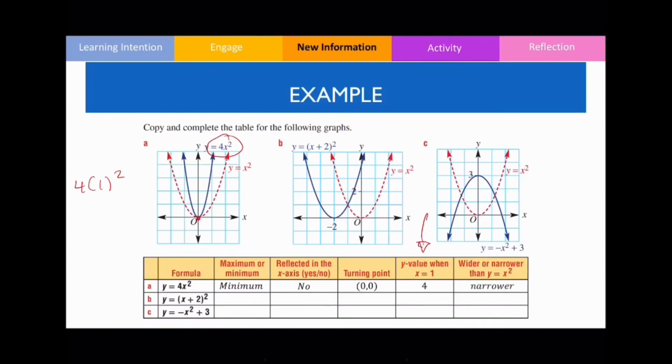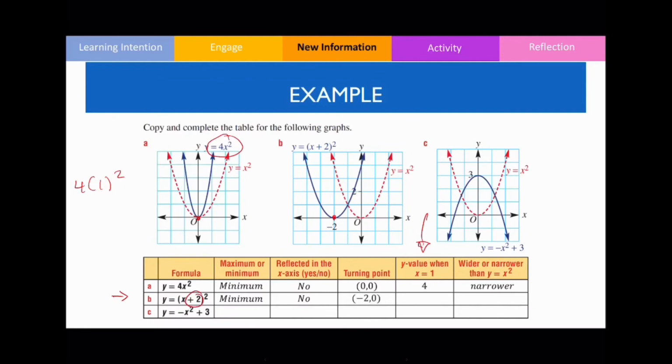For part B, you would also see that this is an example of a minimum. Is there any reflection present? Do you have an unhappy face? No, you don't, so there's no reflection present. Remember, this is in turning point form. So your turning point is going to be the opposite value, which is -2, so it's -2, 0.